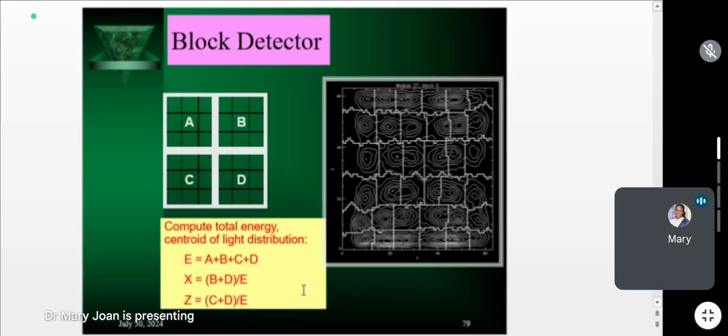So this is how the block detector detects the light photons from the crystals, and how the total energy centroid of light distribution is detected and electronically computed for the utilization.